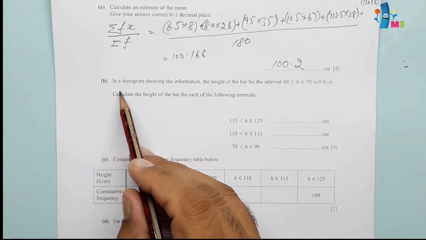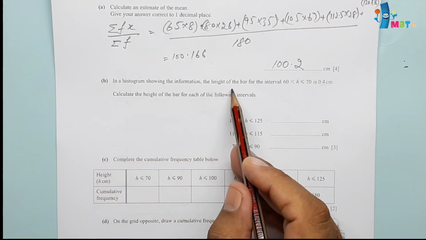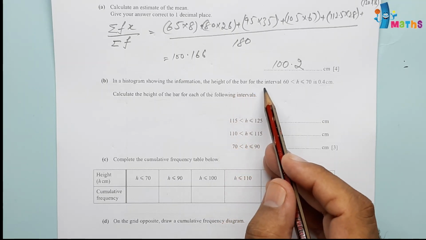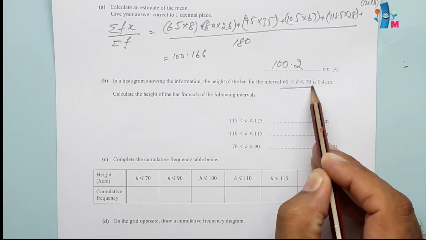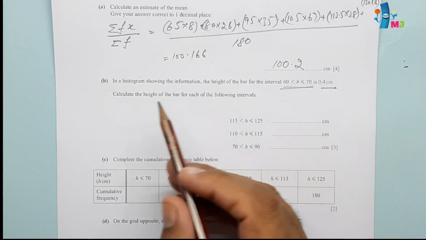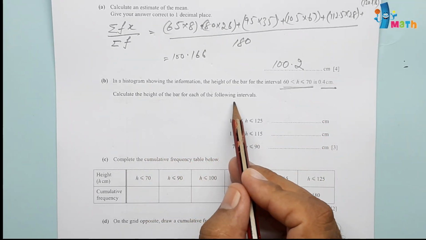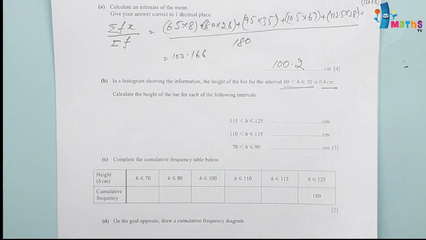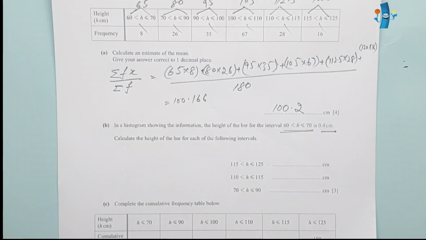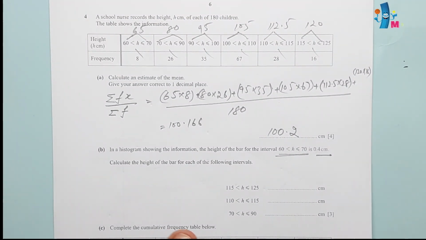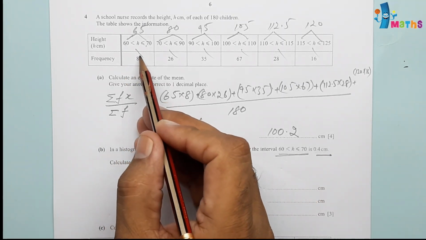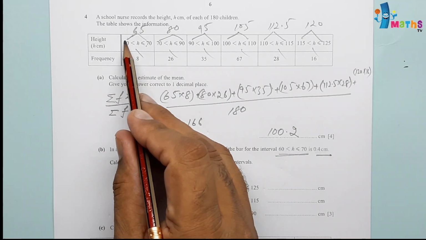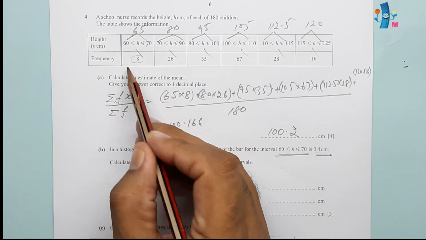B part: in the histogram showing the information, the height of the bar of the interval 60 to 70, this one, is 0.4. Calculate the height of the bar for each of the following intervals. So for these intervals, we will utilize the given information, which is for 60 to 70. For 60 to 70, frequency is 8.